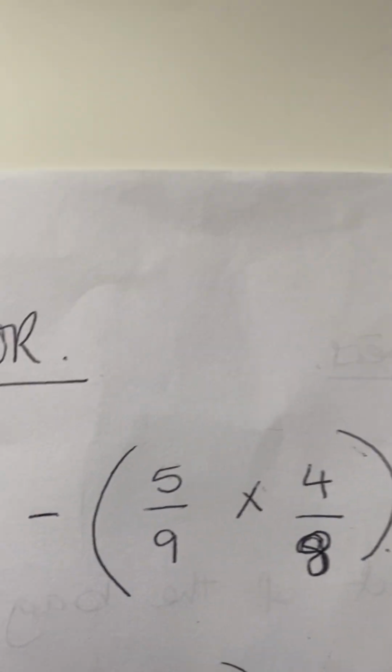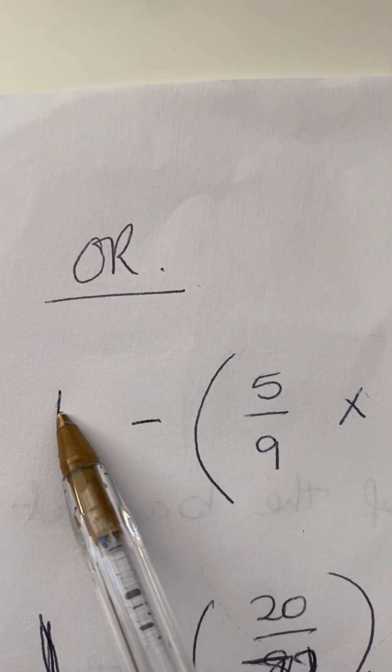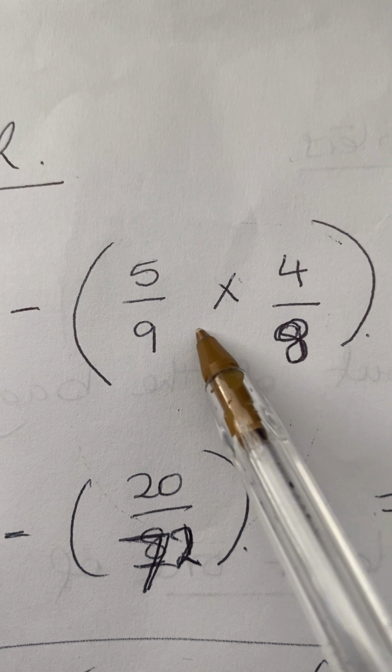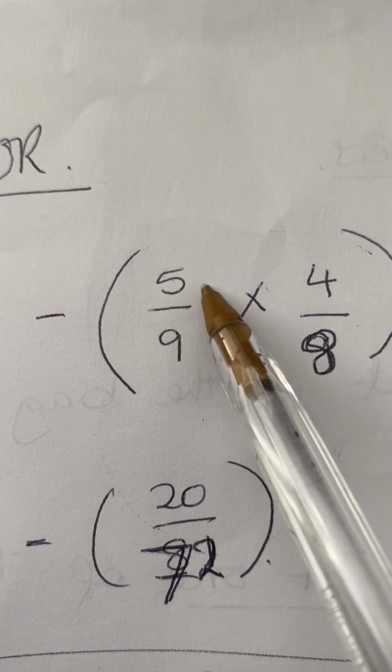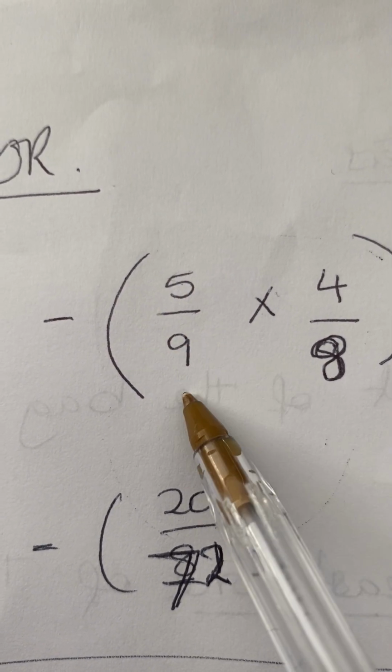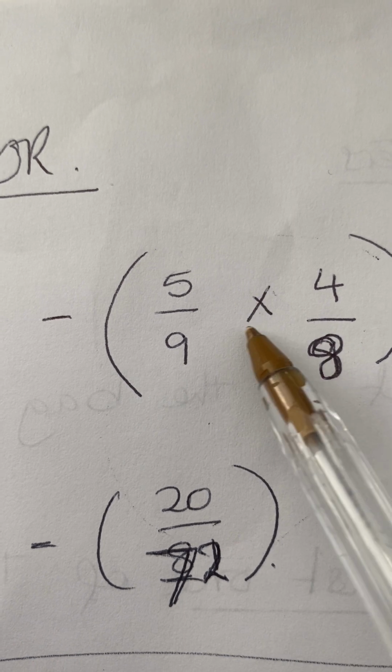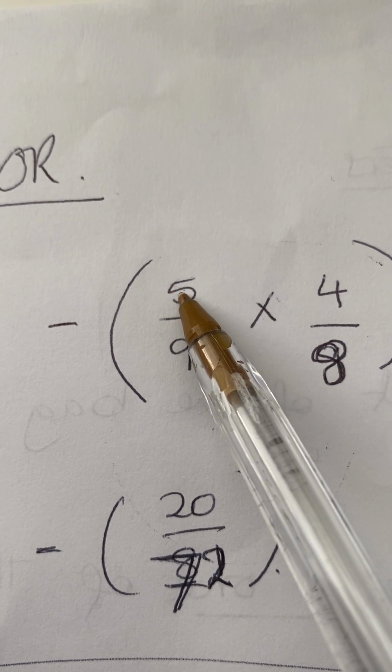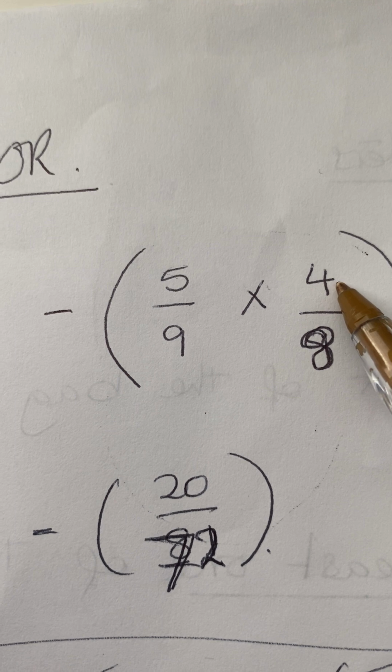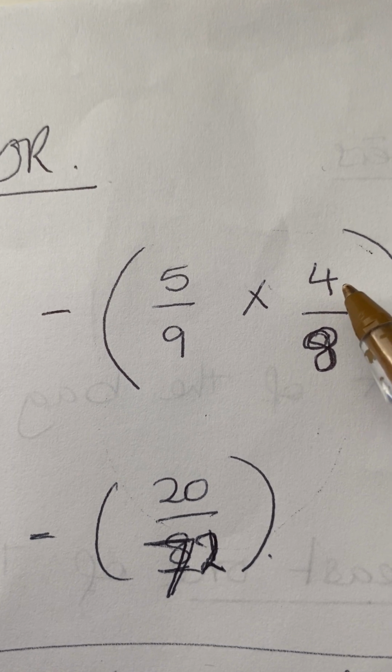Or another option is probability adds up to 1. So now you either have 5 non-blue, and then if you pick 5 not blue, and then 4 of them are blue.